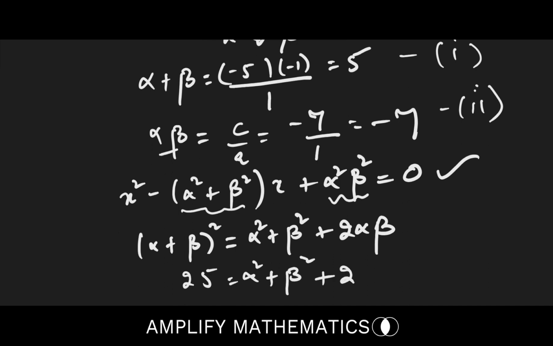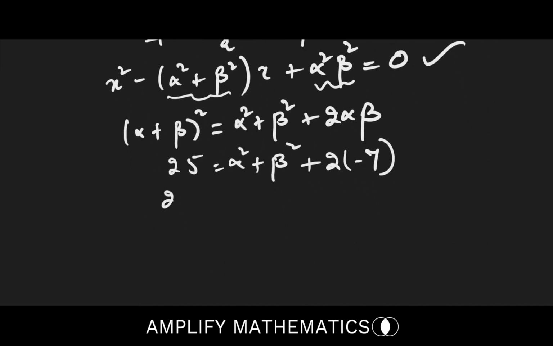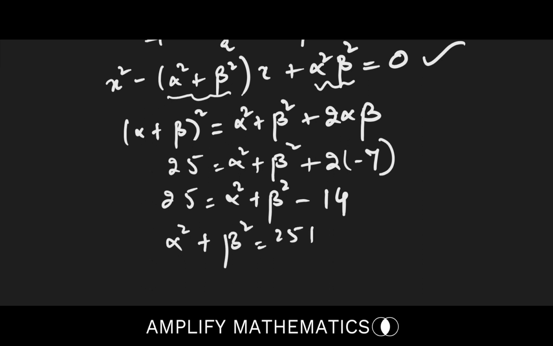And let's substitute the value of alpha beta, which is minus 7. 25 is equal to alpha square plus beta square minus 14. Okay. So alpha square plus beta square is 25 plus 14, which is 39.